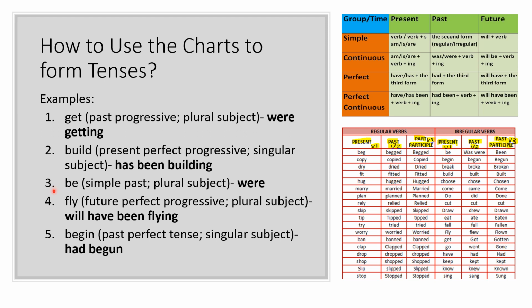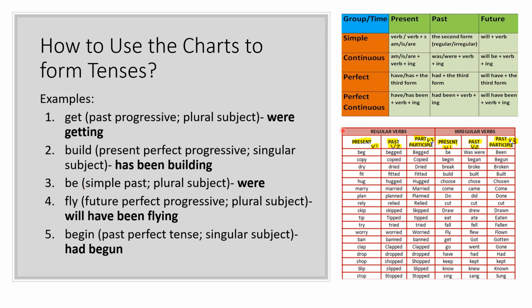Next, item number 3. The verb is be, and you are supposed to convert it into its simple past form, and you are to assume that the subject is plural. Now let's take a look at the chart again. Simple past form. So this is the formula. And according to the formula, you are supposed to look at the second form of the given verb.